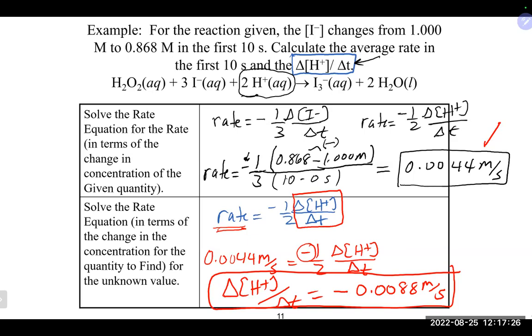So things can be moving faster than other things, and it's based on the coefficient and the multiple relationship of how much is reacting. Because as compared to peroxide, for every 1 peroxide you throw in there, you got to double the amount of H plus you got to throw in there with it. And that's why we see more of it changing over a period of time. Any questions on any part of that calculation there?